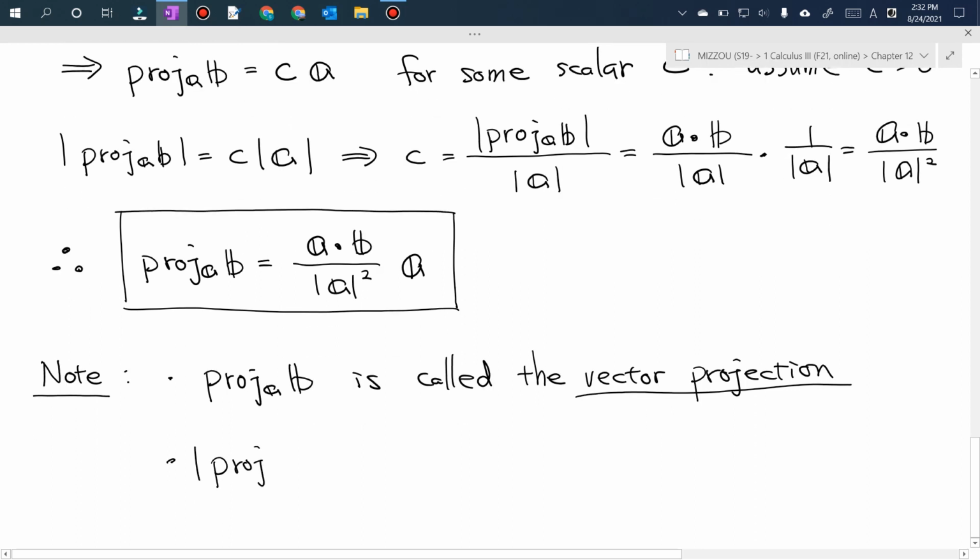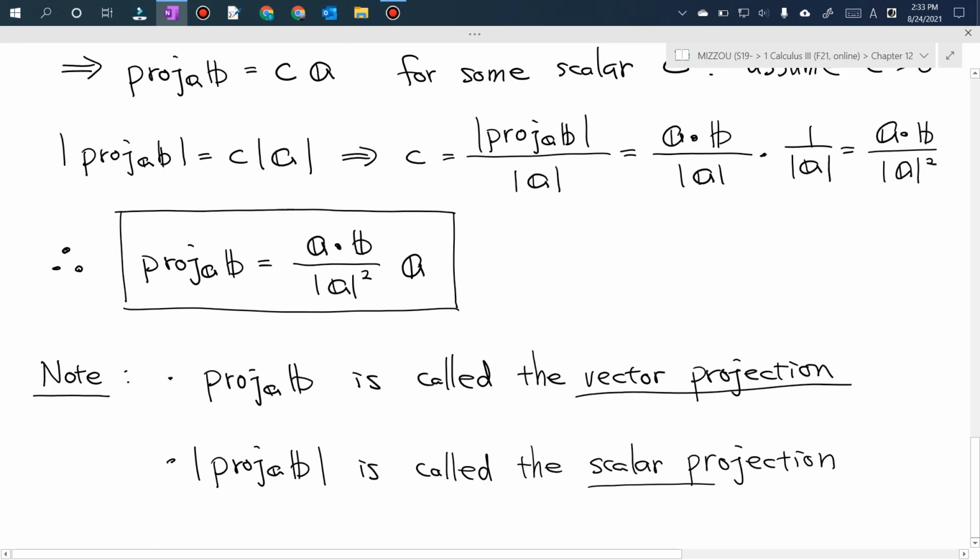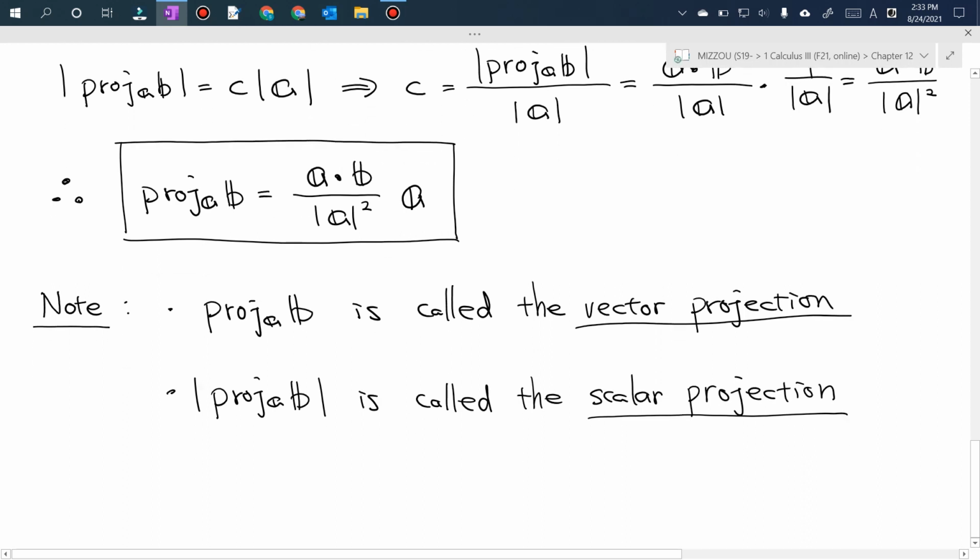It's just terminology. This scalar projection is sometimes denoted by comp AB, and it's called the component of B along the vector A.